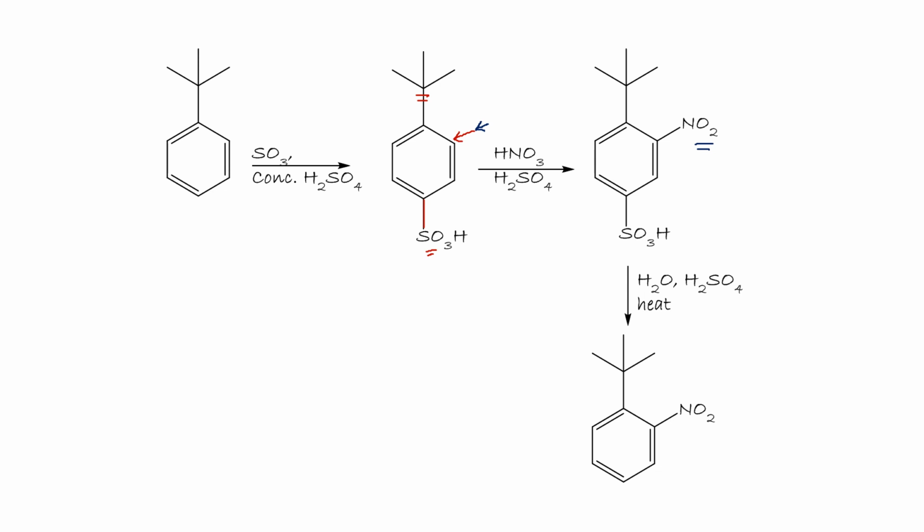We know that SO3H, the sulfonation reaction, is a reversible reaction. So taking this molecule in water, sulfuric acid, and heat, you reverse, you desulfonate, and you get the desired molecule.